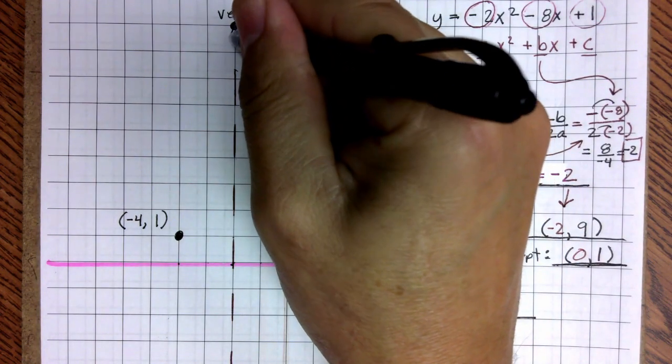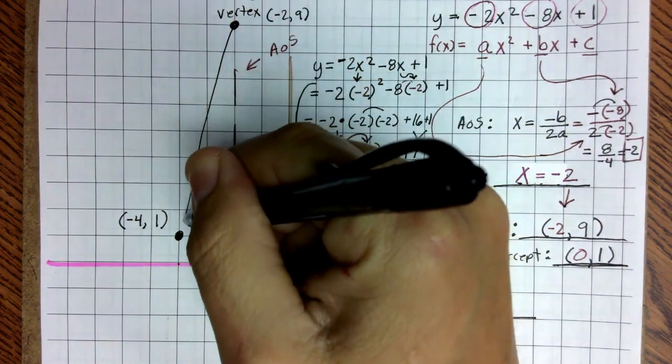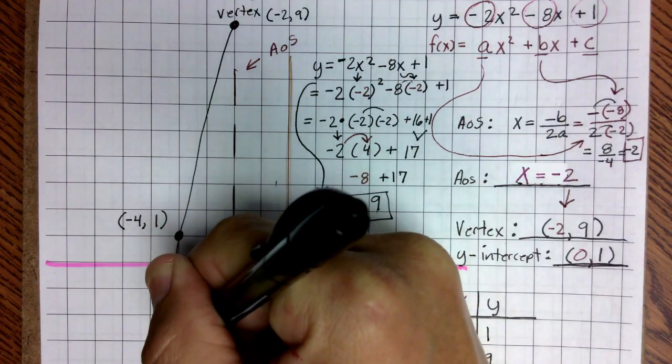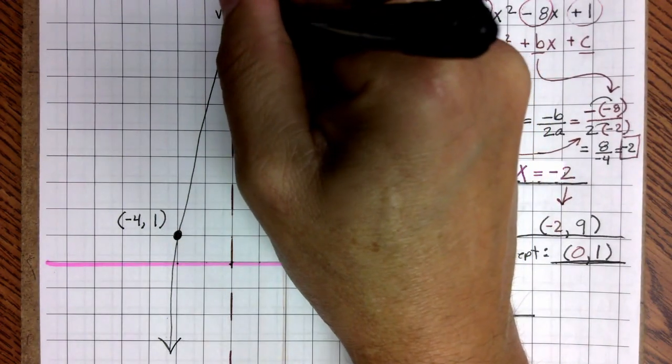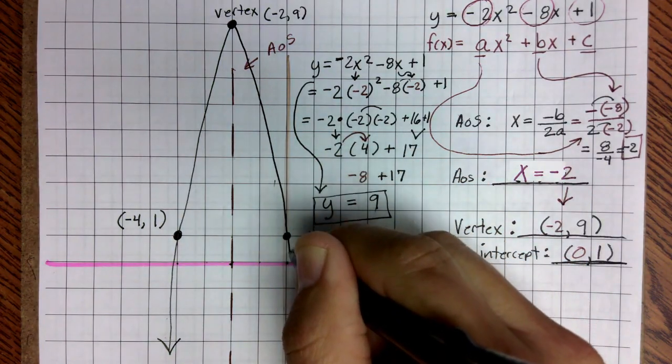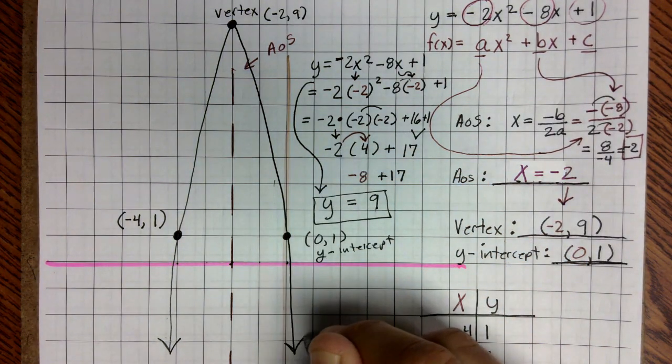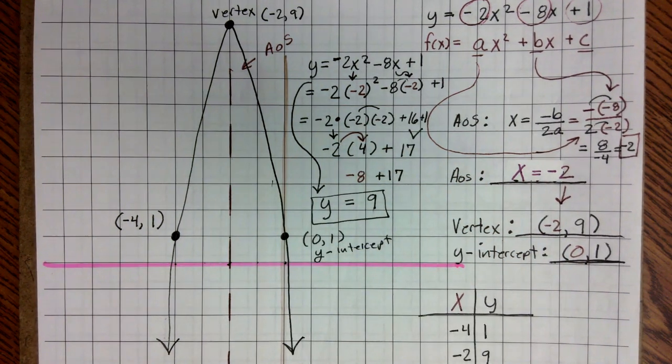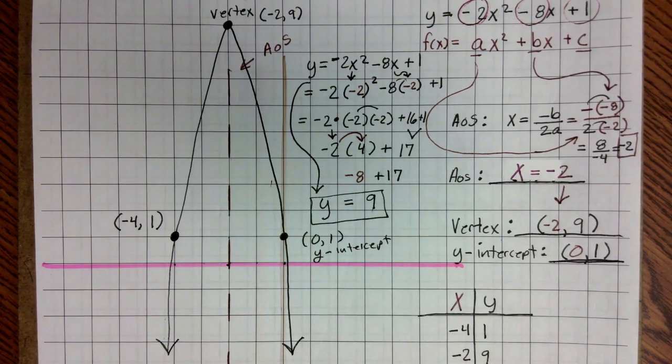And again, this is just a sketch. I'm not worried about trying to get the zeros perfect. I'm just drawing a line showing that it goes down. And this parabola is graphed. And I've shown my work how mathematically, without a calculator, I was able to go ahead and get my points.